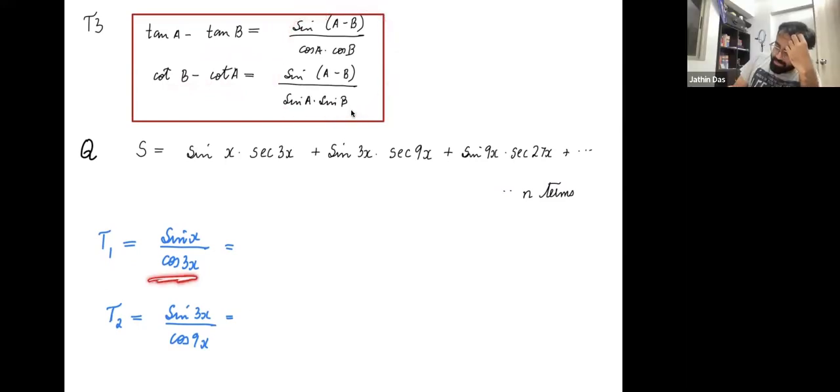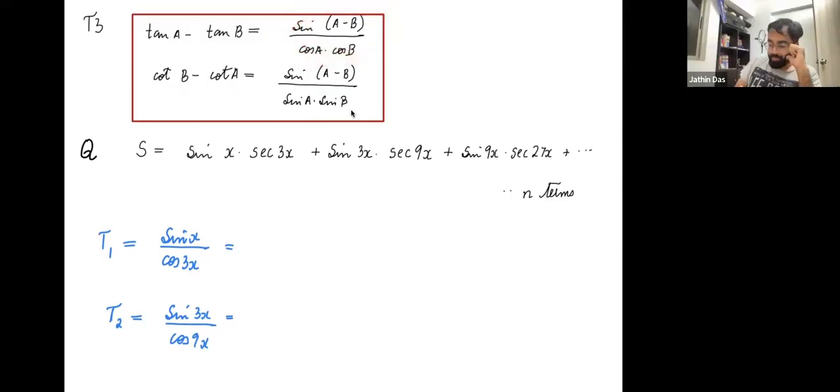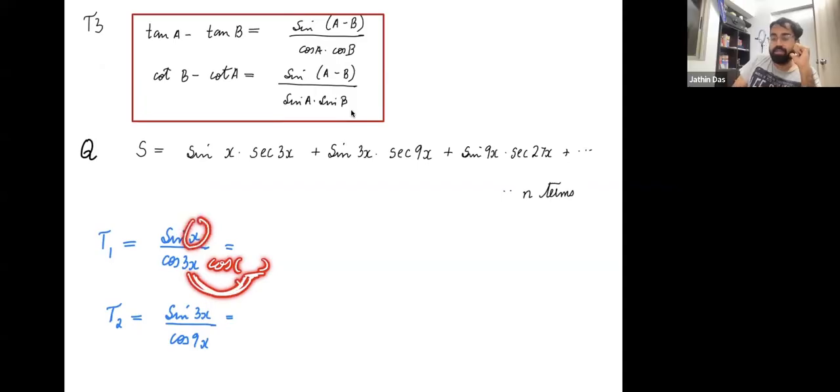So when you see a cos here, definitely you can think it might be in which form? This form. So I have to multiply cos of some argument here such that the difference will be sine only.